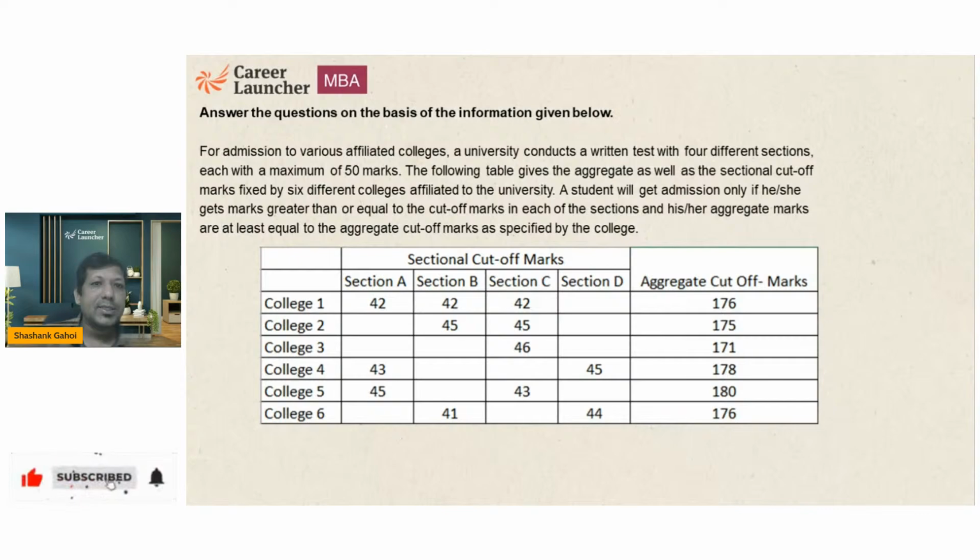Now it says the maximum marks that are given are 50. Okay. So college one section A cutoff is 42. That is what is given to us.